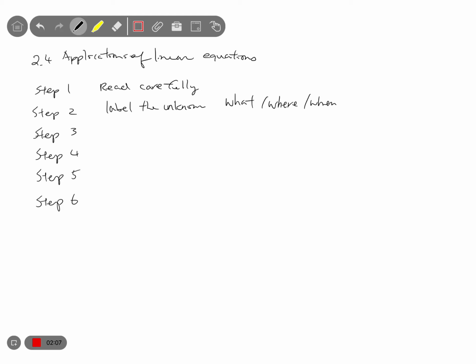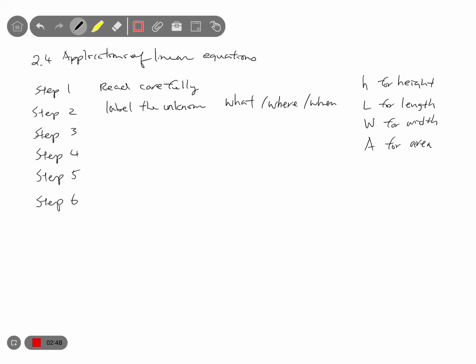So for example, I will probably use the letter H for height, L for length, W for width, A for area, depending on if I'm talking about area or amount of money. So it just depends, but try to pick the same letter that represents the quantity, so we don't get confused. I know we like to use X and Y and whatnot, but a lot of times it's, what's X? I have no idea what X is. But if I look at H, I might think maybe it's a height or something else.